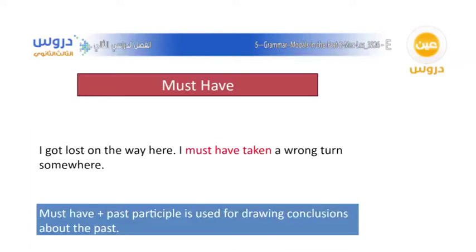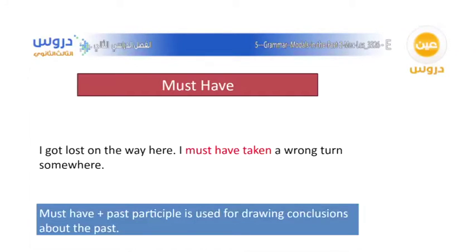We didn't finish reading these lines at the bottom. Let's finish reading them. Must have plus the past participle of the verb is used for drawing conclusions about the past. If something happens in the past and you are deducting, making a conclusion about what had happened, you use must have. Let's read this example.